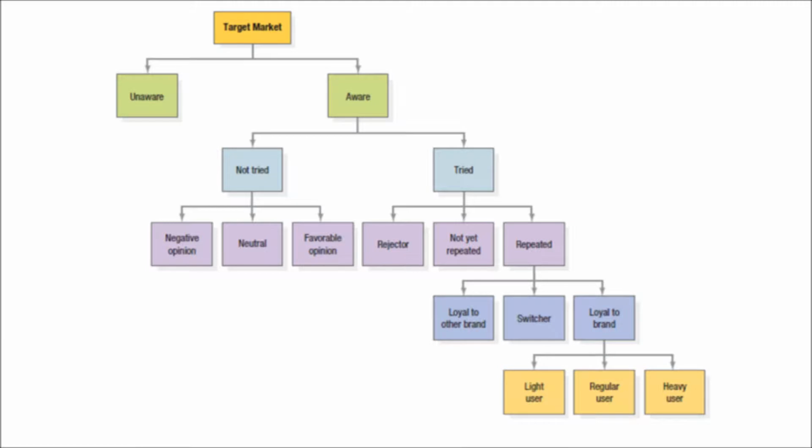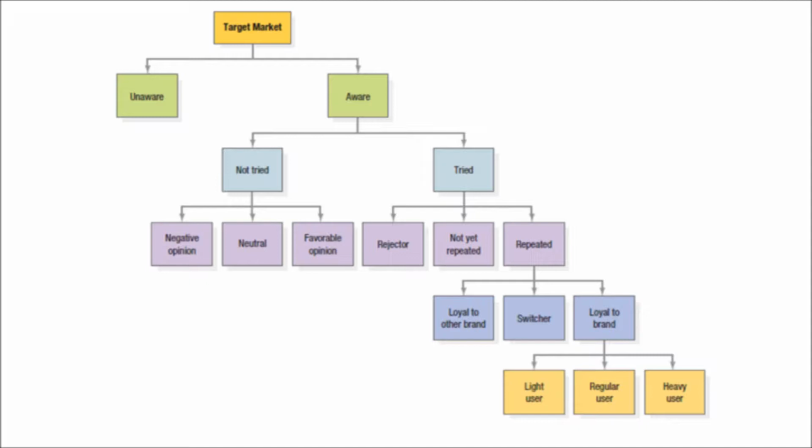For example, if you're Volkswagen, is it because of the diesel scandal, or are they just neutral consumers who don't care much about your brand? Or do they have a favorable opinion and still haven't tried your product? Think about the Dear Kitten ad that we saw in the first class. You might have a positive opinion of Friskies, but you won't really buy it unless you get a cat.